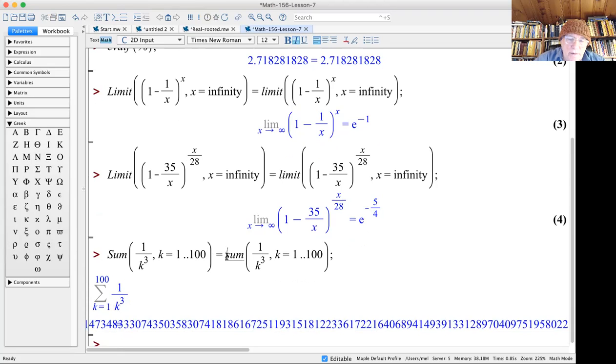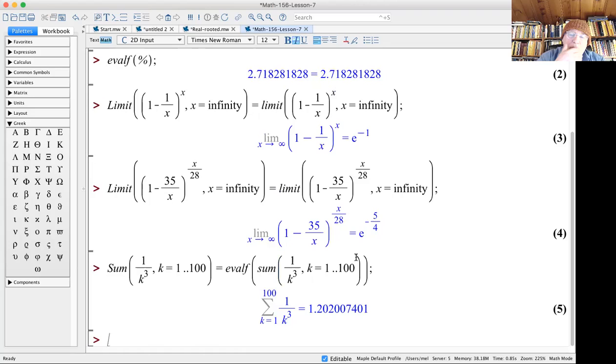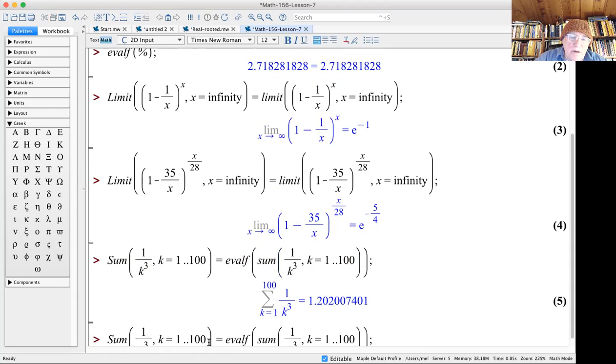See if I try to evaluate this as a decimal. So when I just had it as 1 over k cubed, it was trying to write this as a fraction, but it had a humongous denominator. And suppose I want to take the same sum, but go from 1 to infinity.